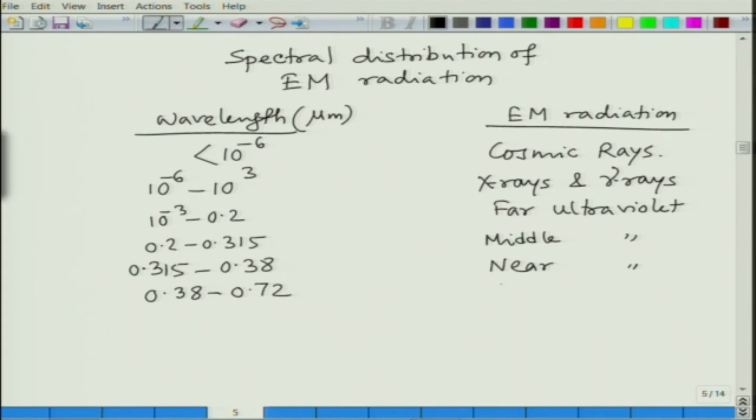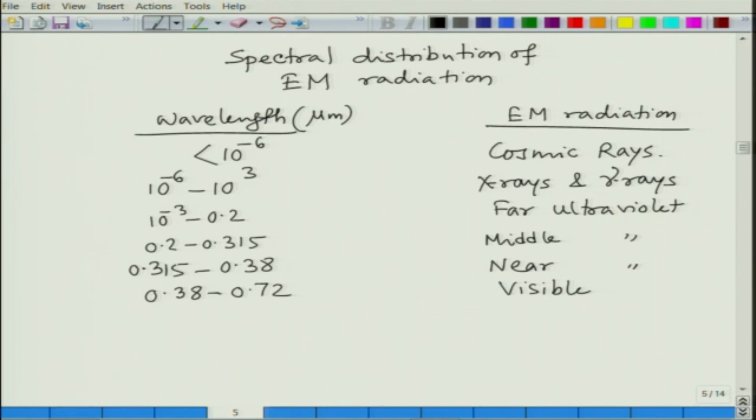Now, this is the most prominent electromagnetic radiation that we experience. Everybody with eyesight can see the visible light, okay.